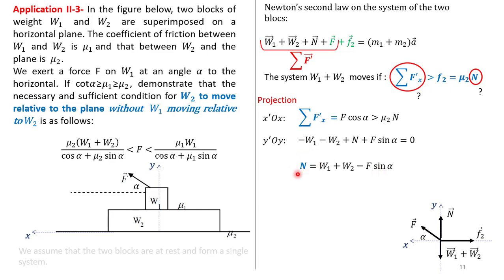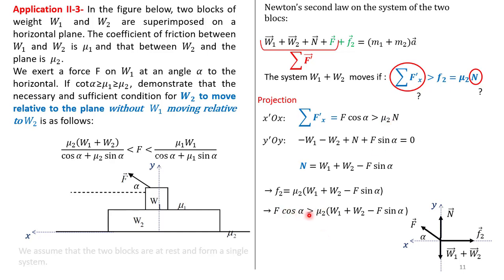Let's replace n with W1 plus W2 minus f sine alpha in the first expression, which is this one. This means that F2 is equal to mu2 times (W1 plus W2 minus f sine alpha), and this gives that f cosine alpha is greater than mu2 n.